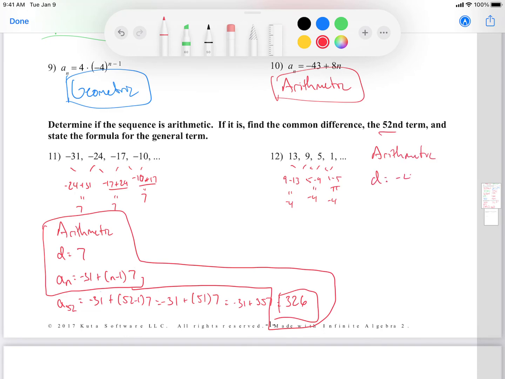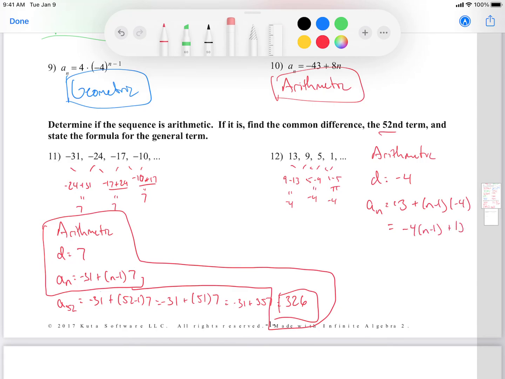D is equal to negative 4. My general rule would be a sub 1, which is 13, plus n minus 1 times negative 4.